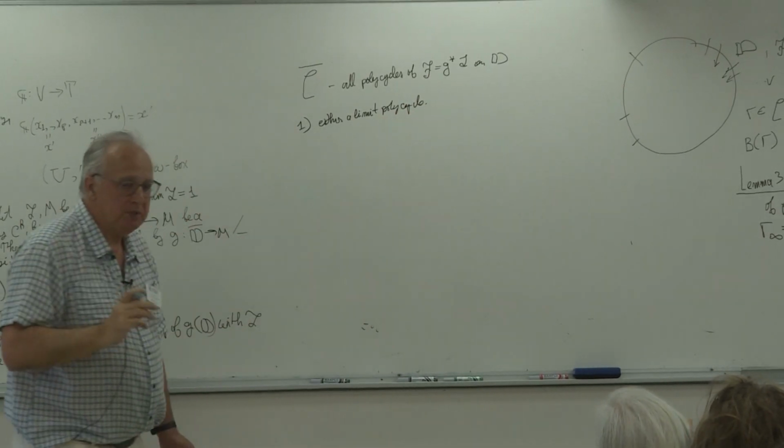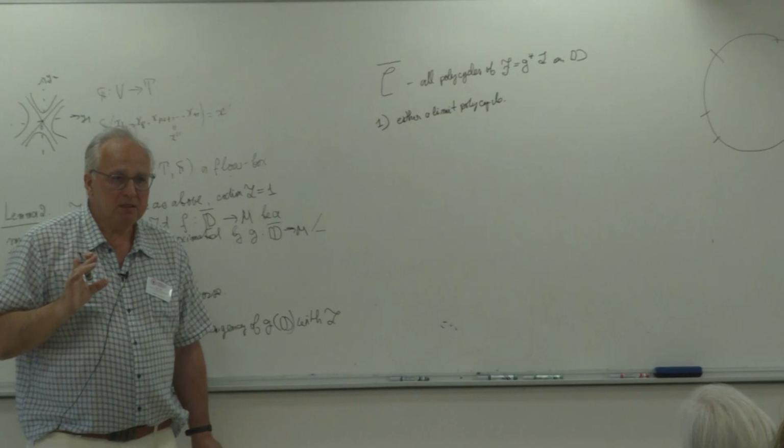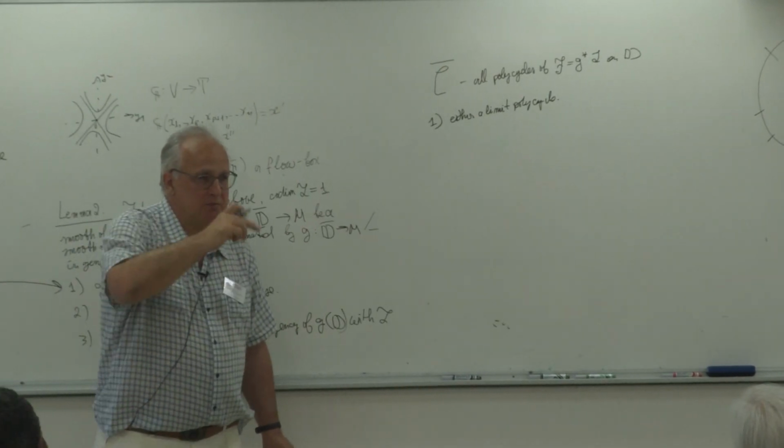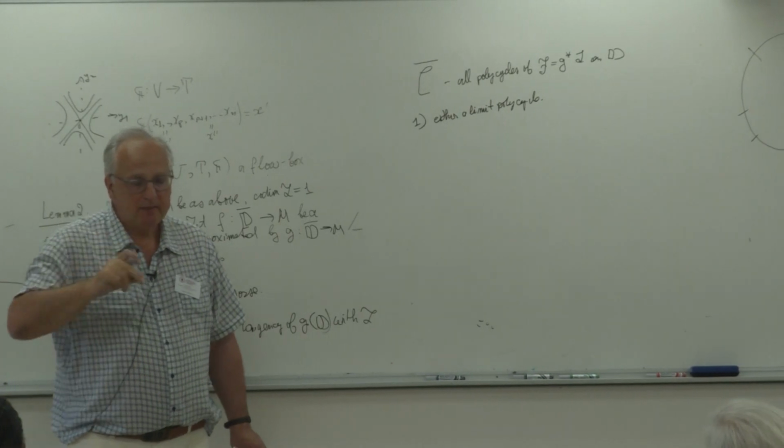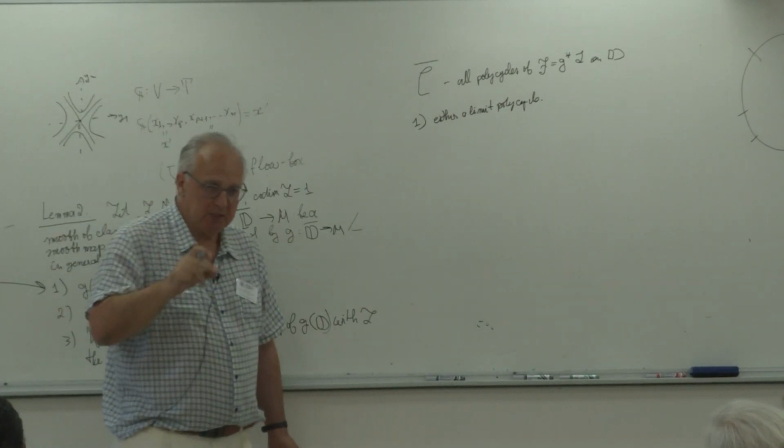Limit polycycle means that something approaches them in the limit, like in the Poincaré-Bendixson theorem. It's not a periodic orbit, it's just a limit.